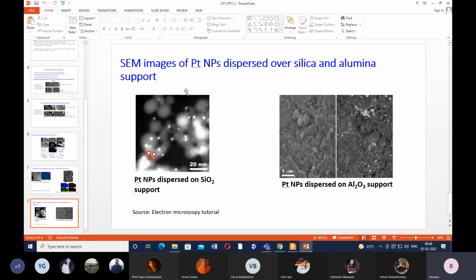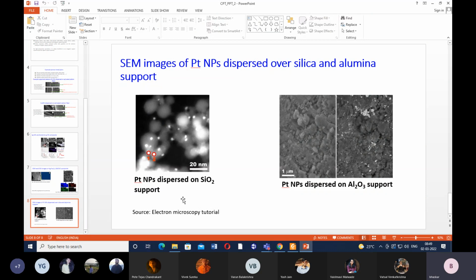These big particles are the silica support. If I have bare silica support without any platinum nanoparticles, and I put a certain amount of it under an electron microscope, I'll see this kind of spherical shaped big particles.